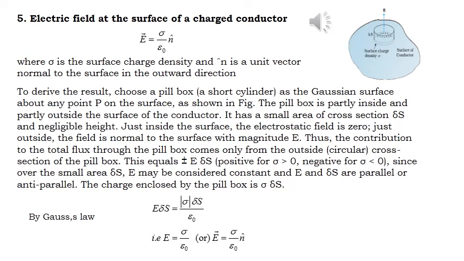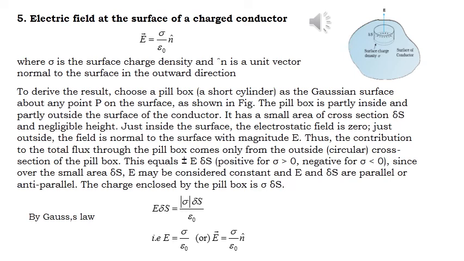So if you consider a Gaussian surface like a pill box, one portion of the pill box is inside the conductor and the other portion is projected outside. Only through the outside cross-sectional area does flux exist; through the lateral surface the flux is 0, and inside the amount of charge is 0.